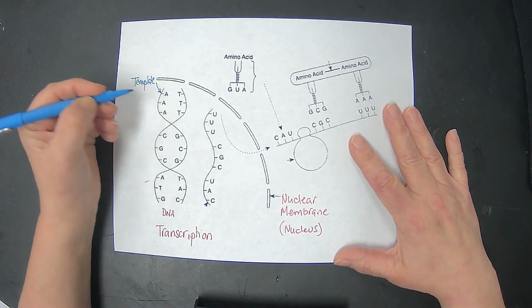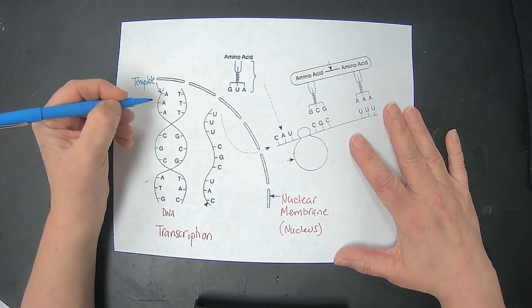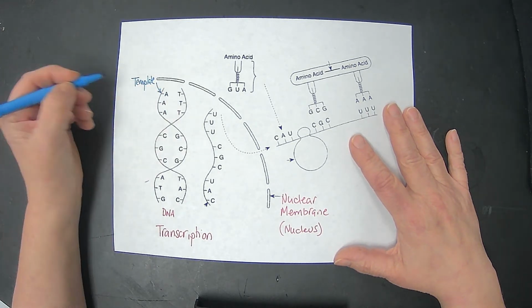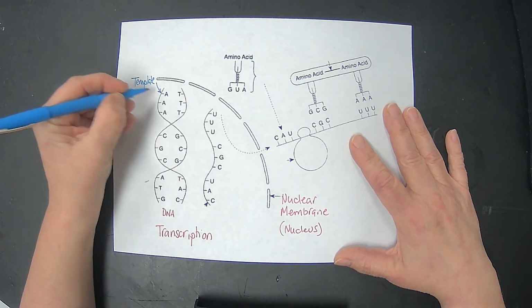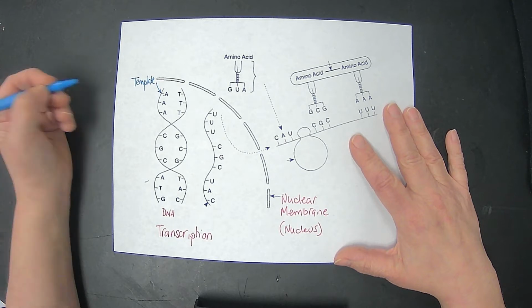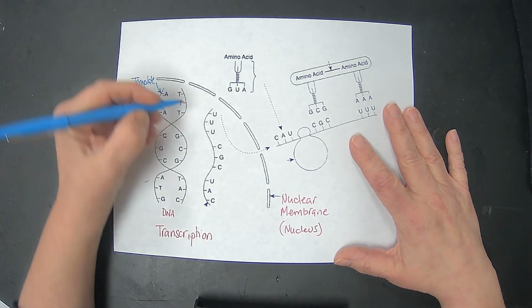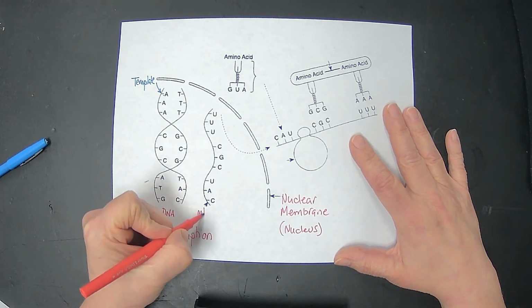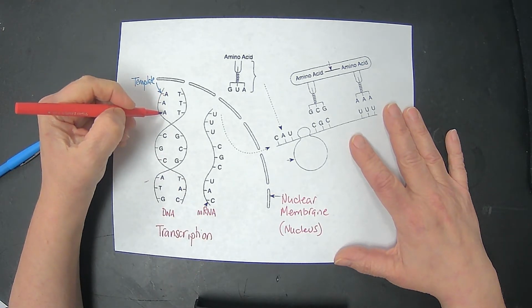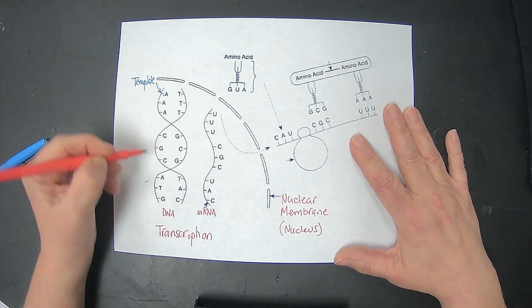Now, complementary base pairing, we know A goes with T in DNA, but there's no T in messenger RNA, so along comes a U nucleotide, and it binds with that A. So what we end up with, if you look here, is a complementary strand of messenger RNA. So AAA complementary base pairs, not with TTT, but with UUU.